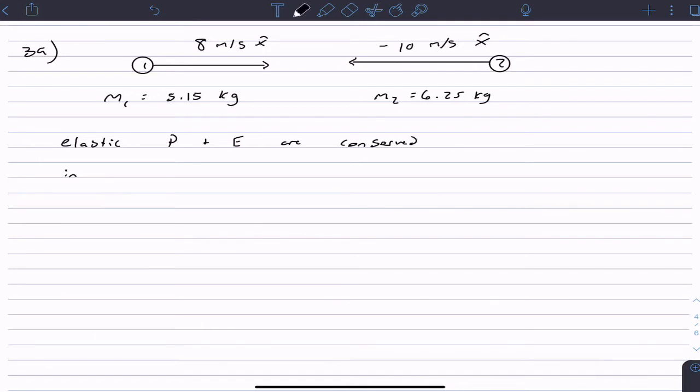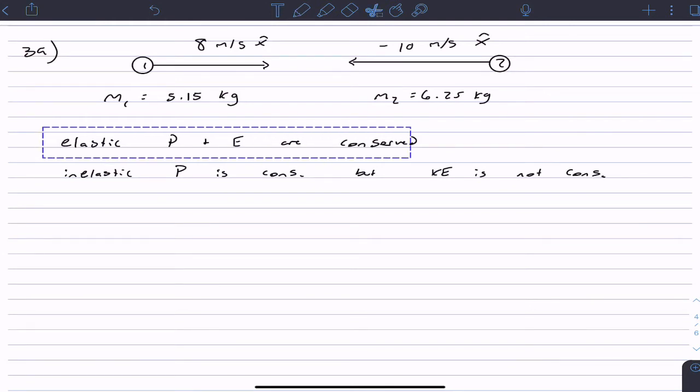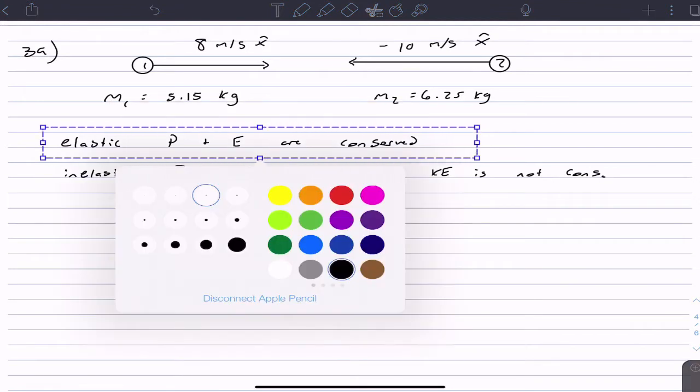In an inelastic collision, momentum is conserved, but there is a loss of energy, a loss to thermal energy or outside forces, and so energy is not conserved in an inelastic collision.